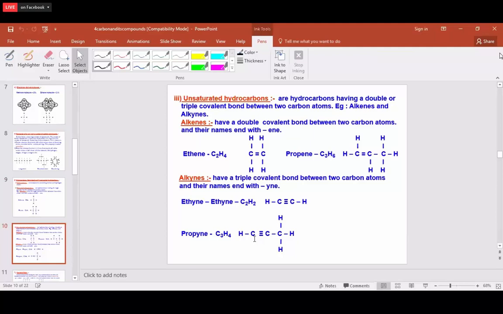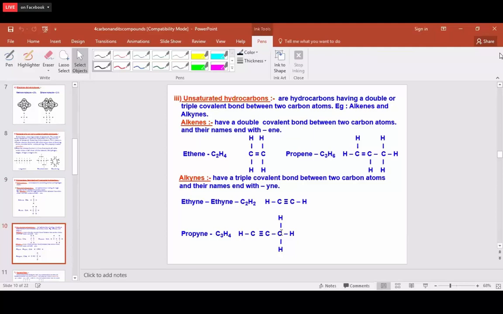Now in this case, this carbon has three bonds with this carbon, so valency 3 over here, and one bond with one hydrogen atom. In this carbon, here it is 1, 2, 3, 4, the four bonds are already completed, so no more hydrogen is attached to this carbon atom.